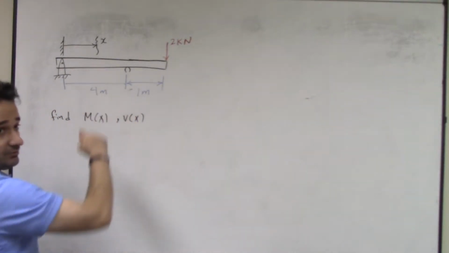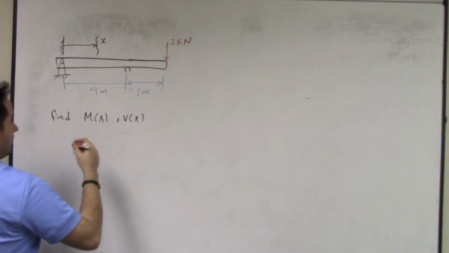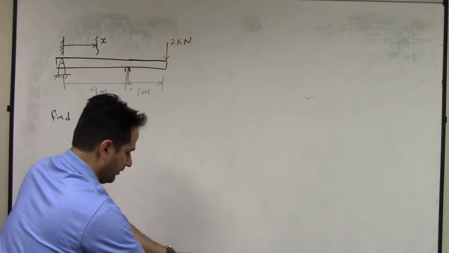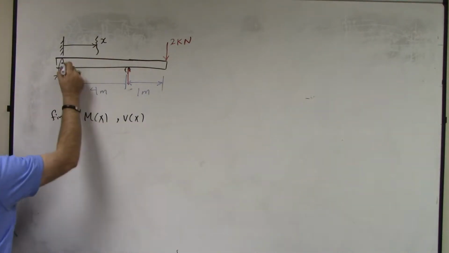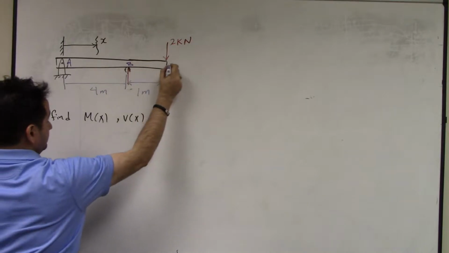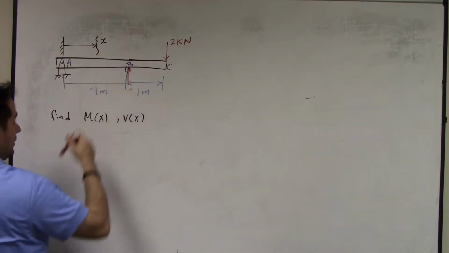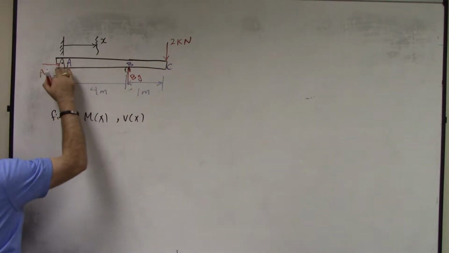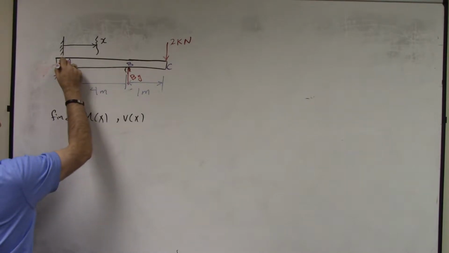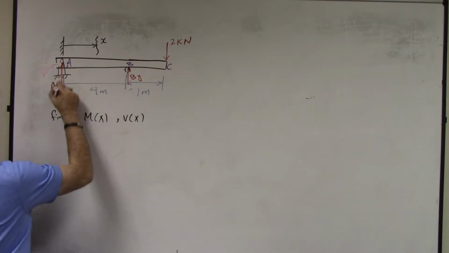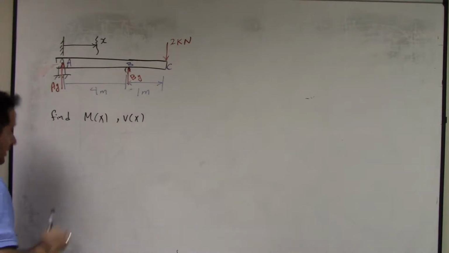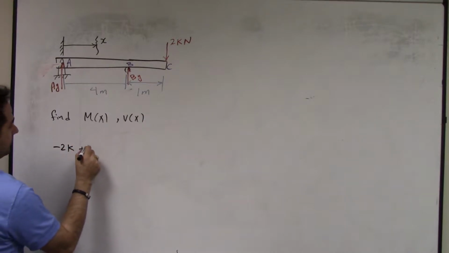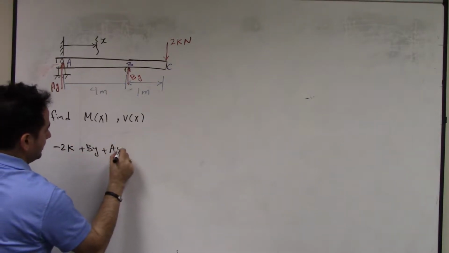First, I need to find the reactions before I draw the moment diagram. So, the FBD of this, in a different color. This point is A, B, C. So you have a By here, unknown. Ax, we don't have an x force, so I don't even write it. No moment, and you have Ay. So for the entire thing as a system, summation of force in y: negative 2K plus By plus Ay is equal to 0.